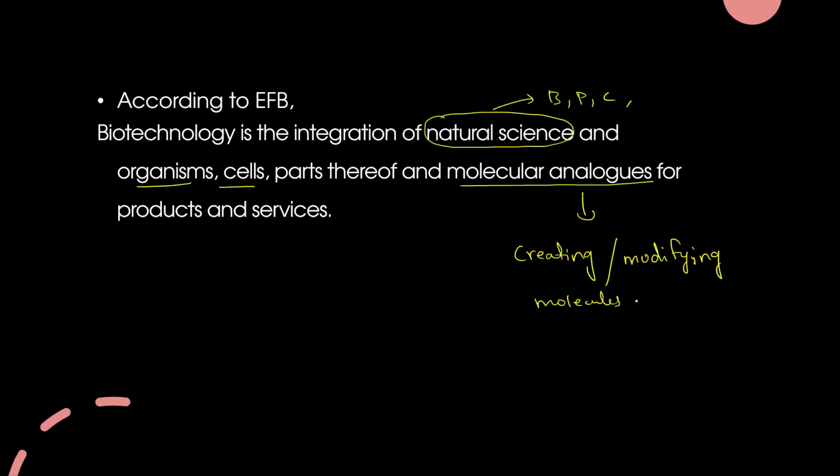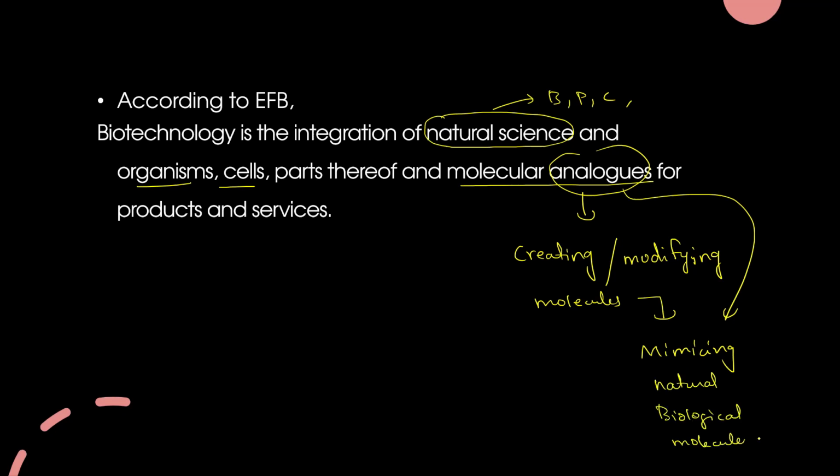Those molecules will be mimicking. So what is the meaning of analog? That means you are creating a molecule which is the same as a natural one. So you are making a clone or a copy, mimicking a natural biological molecule.